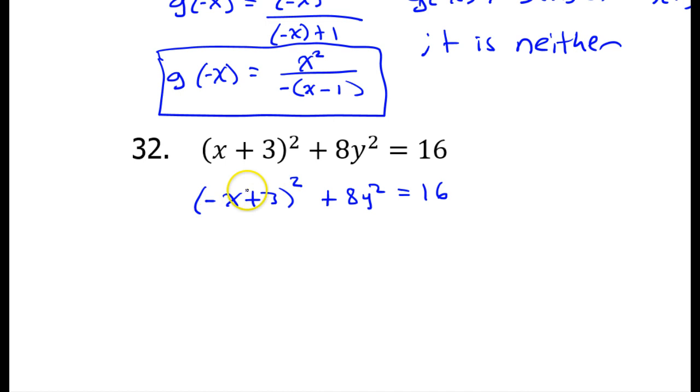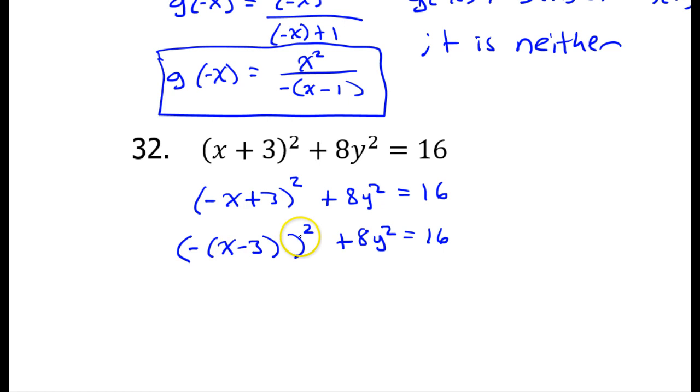I can't factor it all the way outside of the exponent, so I'm actually going to have two sets of parentheses for a second. So I could bring this negative sign outside of parentheses and have negative x minus 3, plus 8y squared is equal to 16.